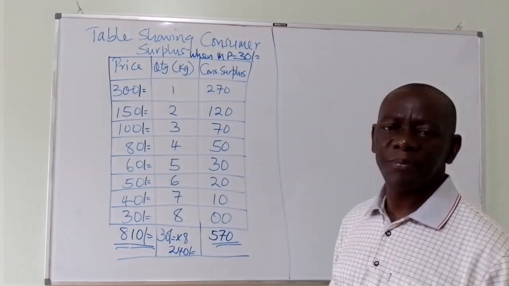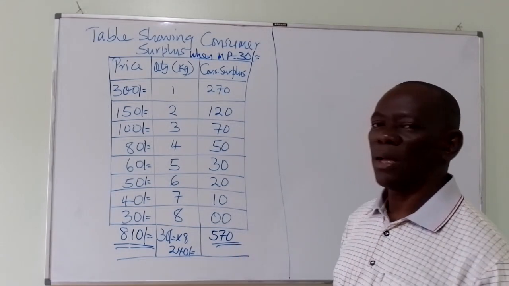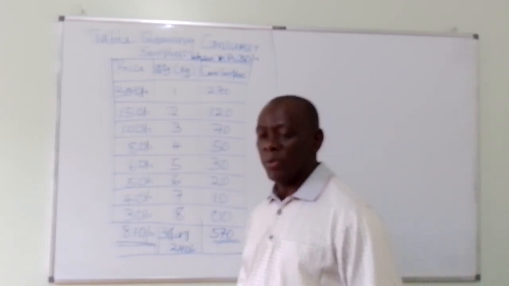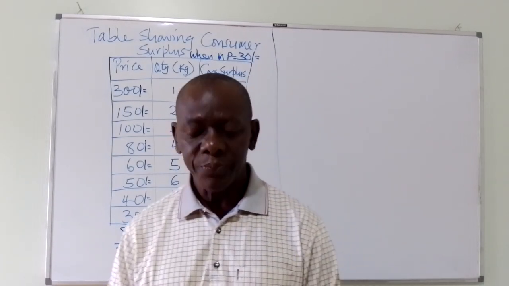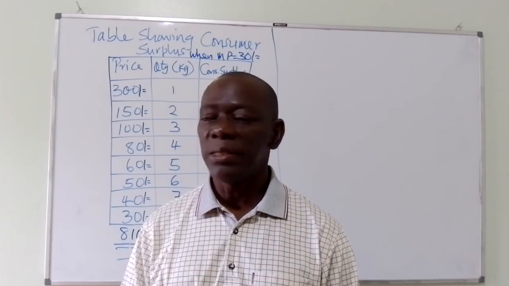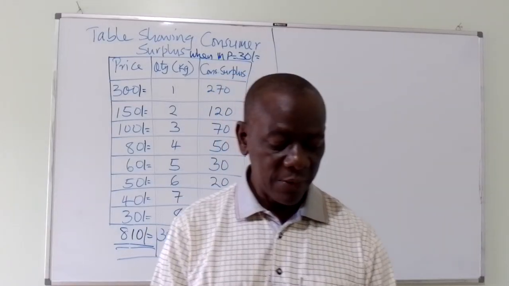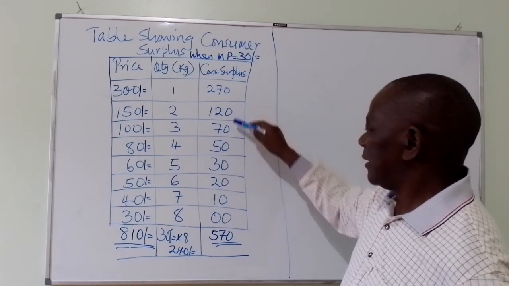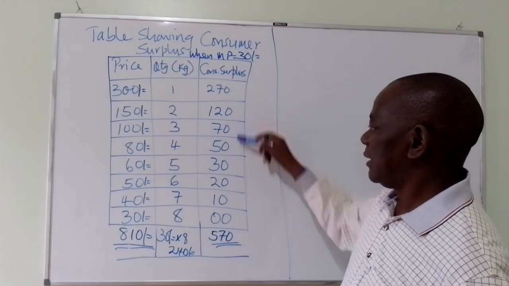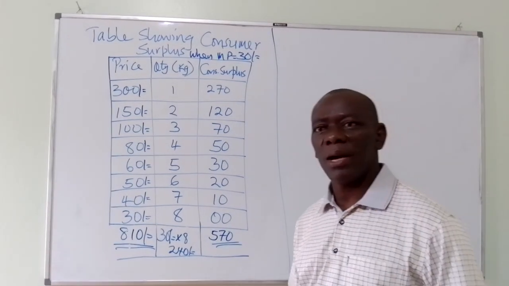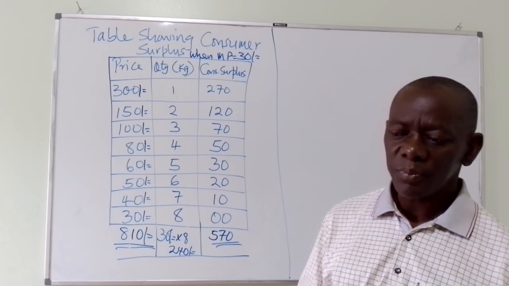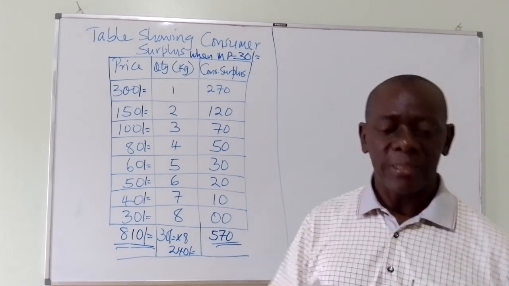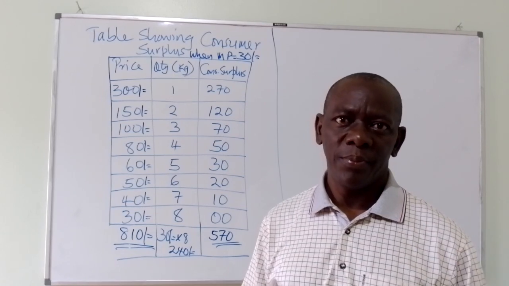So he pockets his 570. So when you are calculating consumer surplus, it is very important to see that you can look at it in this way, or you can have a different presentation, still mathematical.